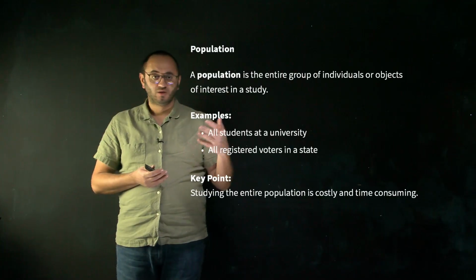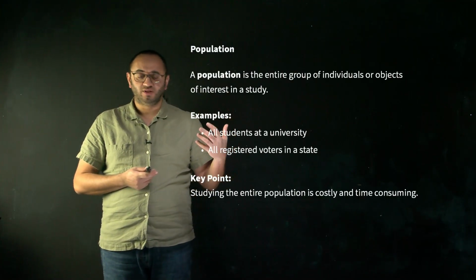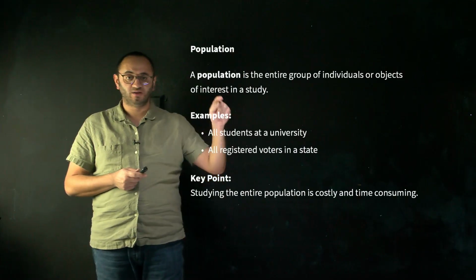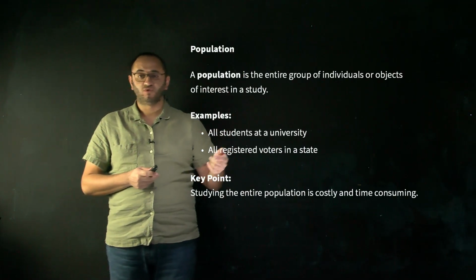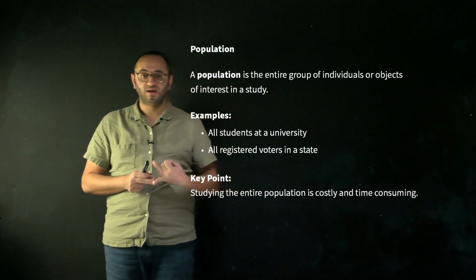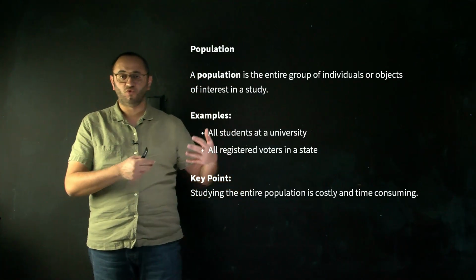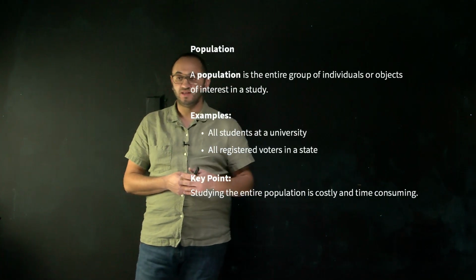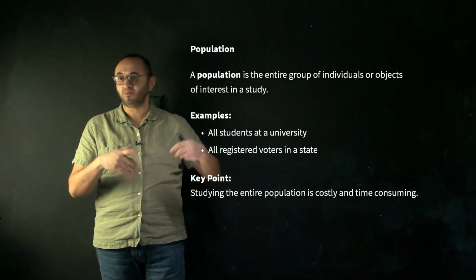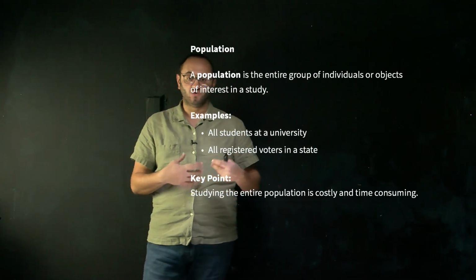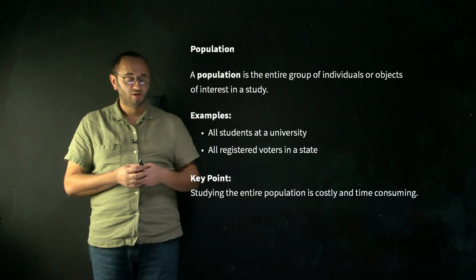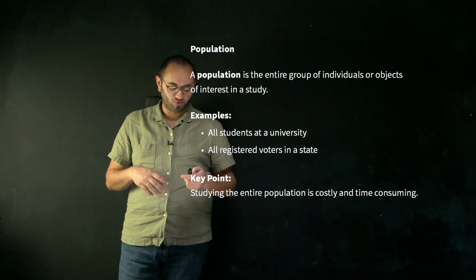It's very costly and time consuming to ask every individual voter in California, because you have to hire people to collect the data, and you have to pay them. It takes maybe months to get the result, and you have to pay a lot of money to collect the data. All right, so this is the meaning of population.